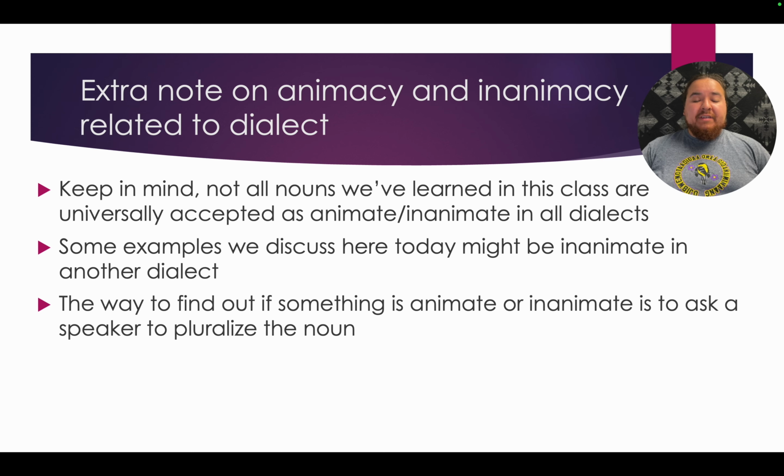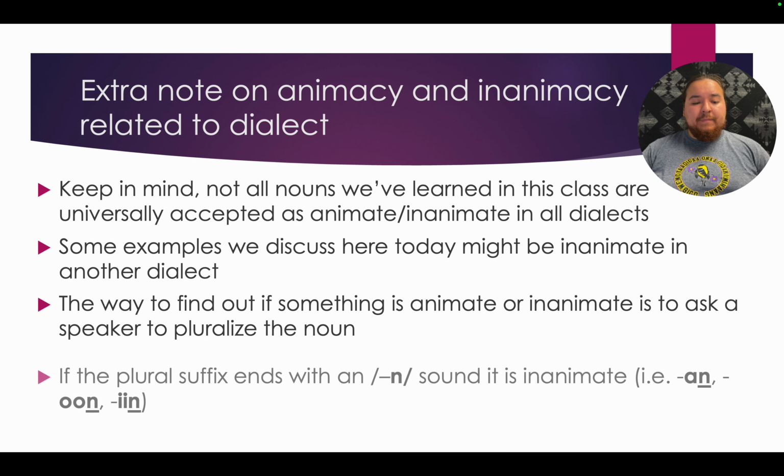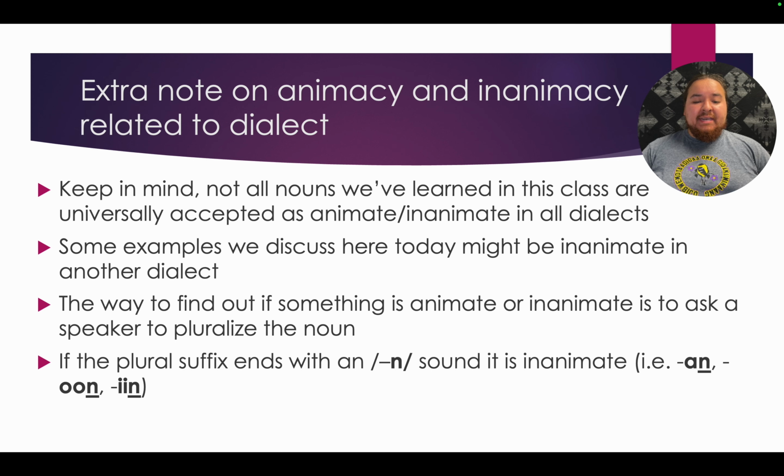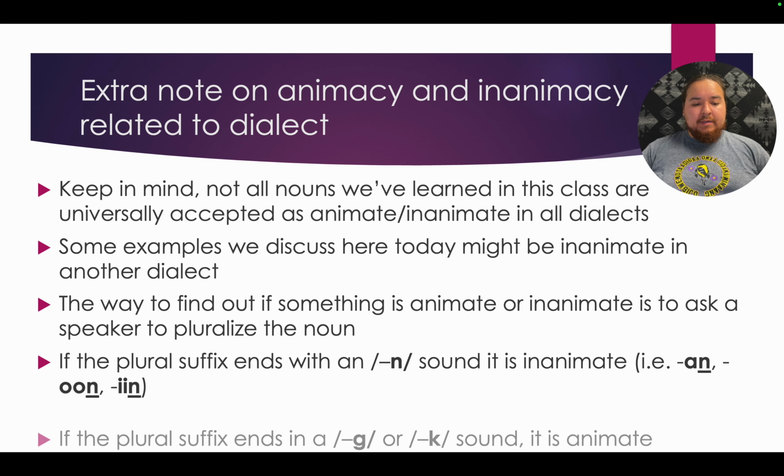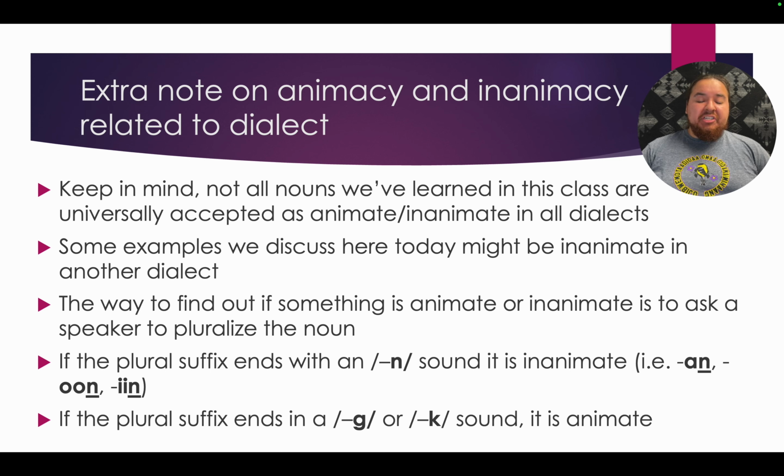The way to find out if something is animate or inanimate is to ask a speaker to pluralize the noun. If the plural suffix ends in an N sound, it is inanimate. So your plural suffixes are an, oon, iin. If the plural suffix ends in a G or K sound, it is animate. And we'll go over those suffixes later.